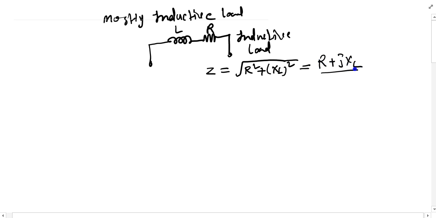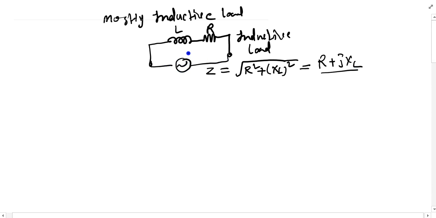So this is also called an impedance. Therefore, if we take the phasor diagram for the RL concept, this looks like an RL single phase circuit, isn't it?